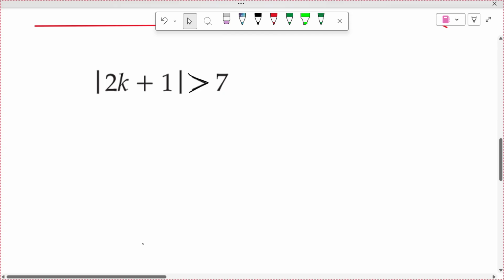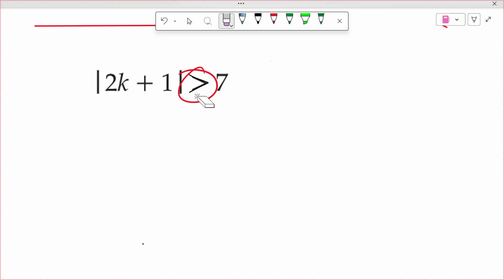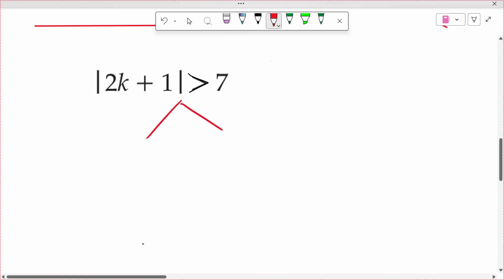So absolute value of 2k plus 1 greater than 7. This is an OR problem because, again, our absolute value is greater than a positive number. The way we solve this, similar to when we did this with equations, we're going to split it into 2 problems. One of those problems is basically identical: 2k plus 1 greater than 7, nothing really changes.